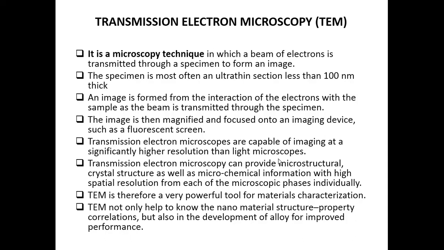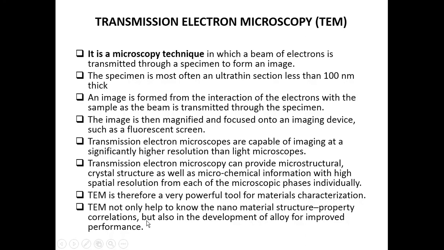Okay. And TEM is therefore a very powerful tool for material characterization. That is the main reason why TEM is used for characterizing nanostructures or nanomaterials. Okay. TEM not only helps to know the nanomaterial structure-property correlations, but also helps in the development of alloys for improved performance.